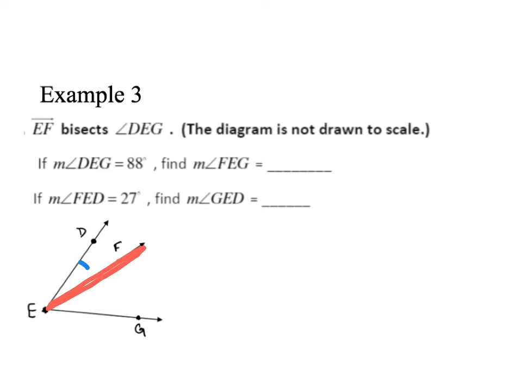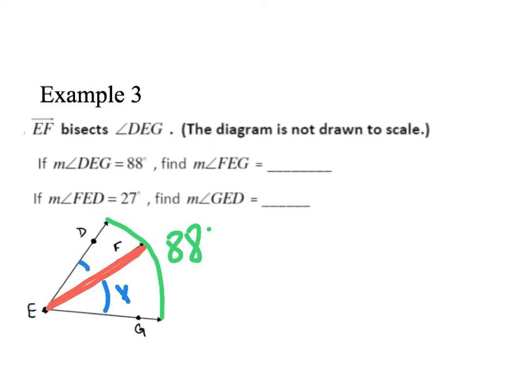So it does cut this into two equal pieces, even though it doesn't look like it in the picture. It says that angle DEG, this whole thing, is 88 degrees. It wants to know what the angle FEG is, which is this half down here.